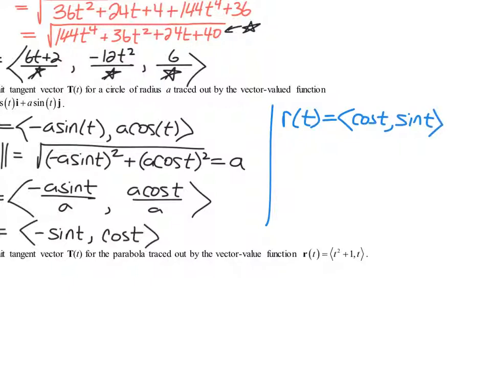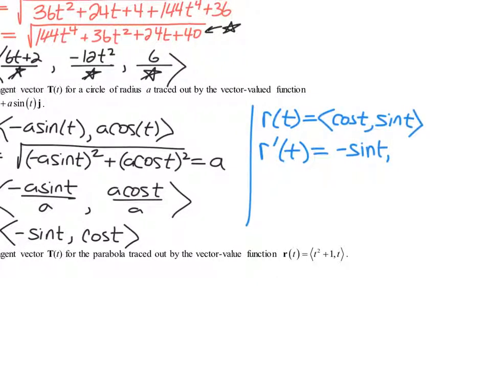If I wanted the tangent vector to that, that would be the same as the derivative, which would be negative sine t, cosine t. That is so cool. See, that's what I was looking for.